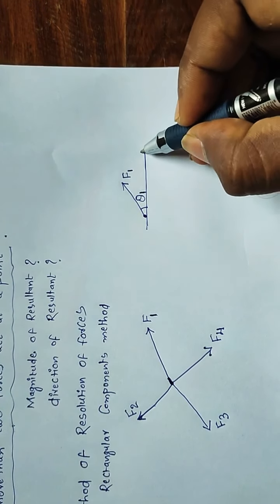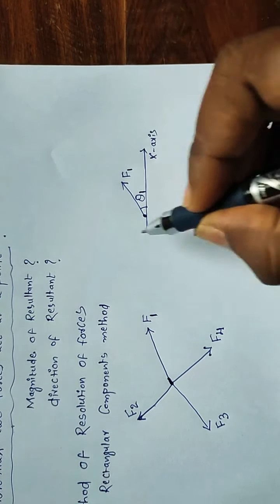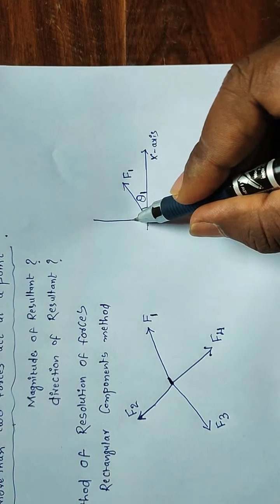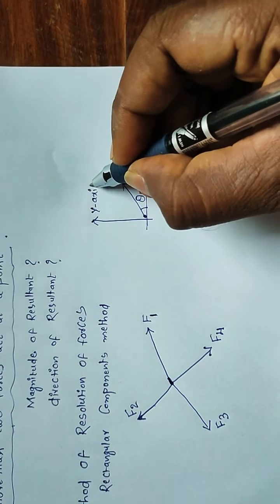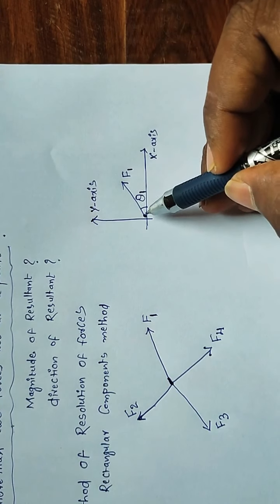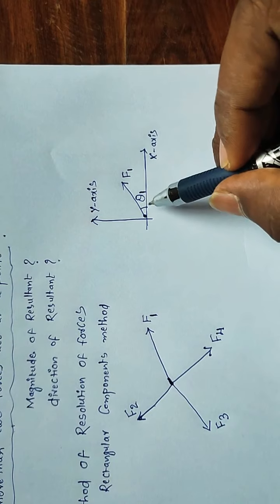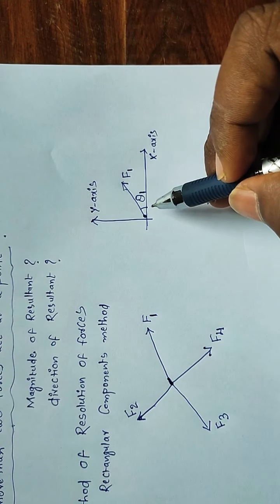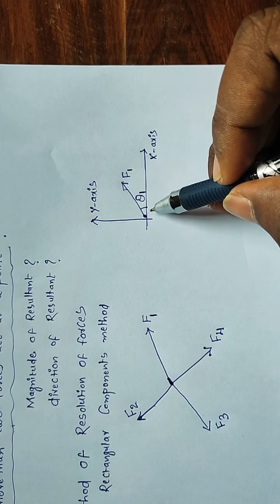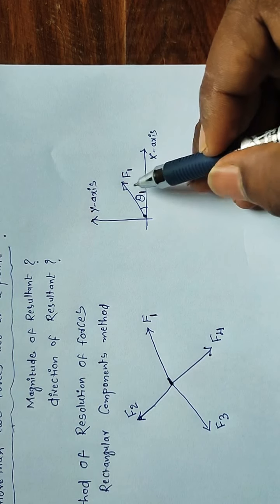This horizontal line we are taking as the x-axis, and a vertical line here we are drawing, that is the y-axis. We have to resolve this force into a horizontal component and a vertical component. So for the F1 force, what is the horizontal component of this force?